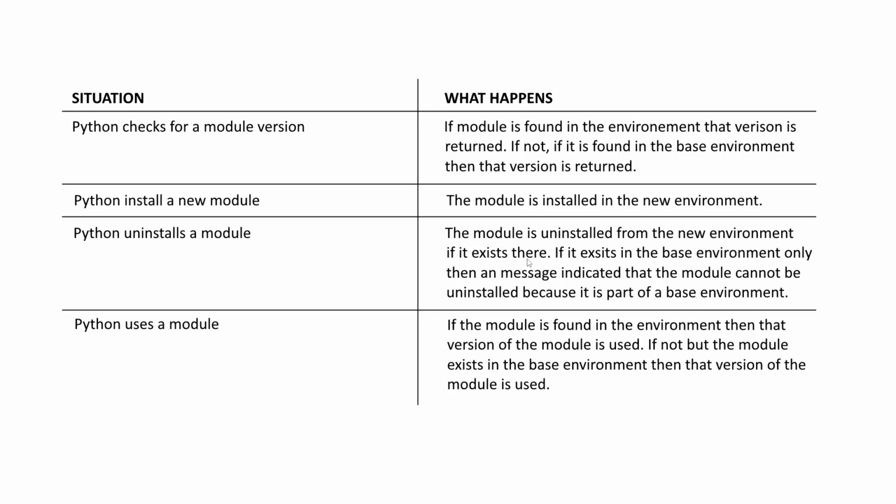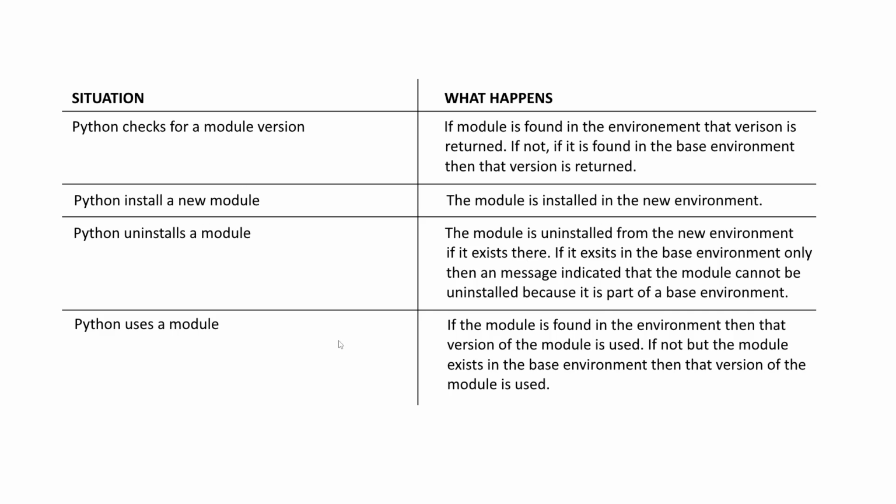That basically guarantees that the base environment is not modified, because there could be many other projects using it. So you want to keep that the same. If you do want to actually change your base environment, then you'd have to deactivate the current environment, activate the base environment, and then you can make modifications.